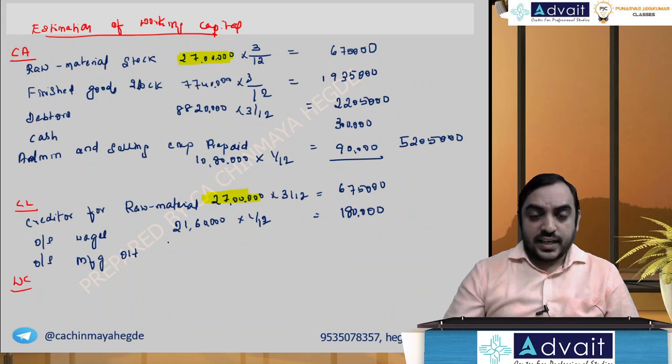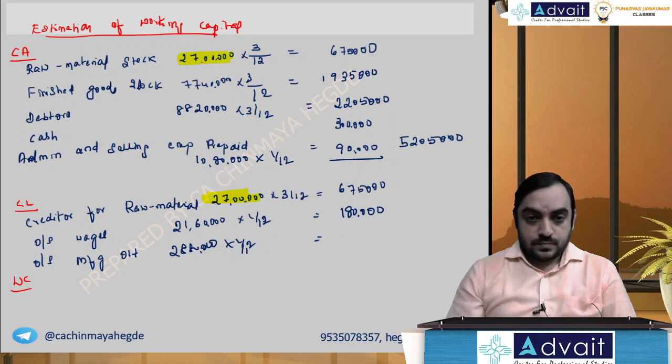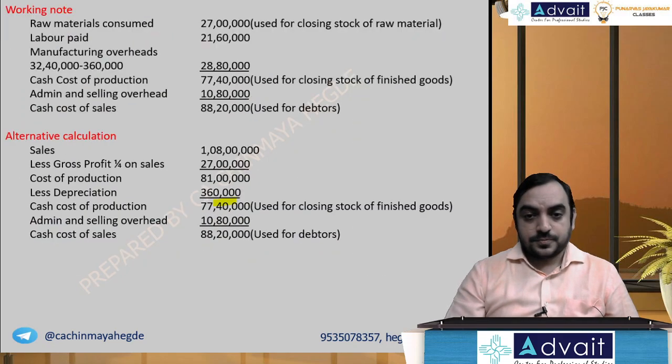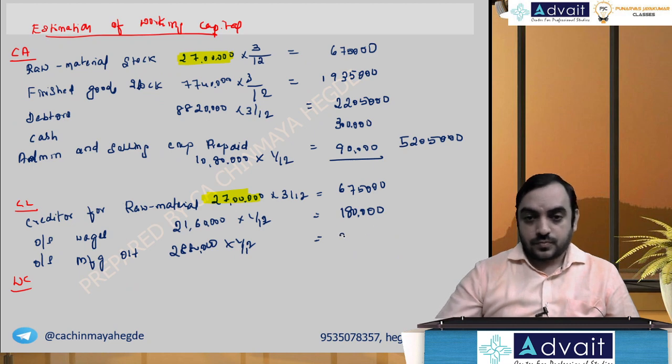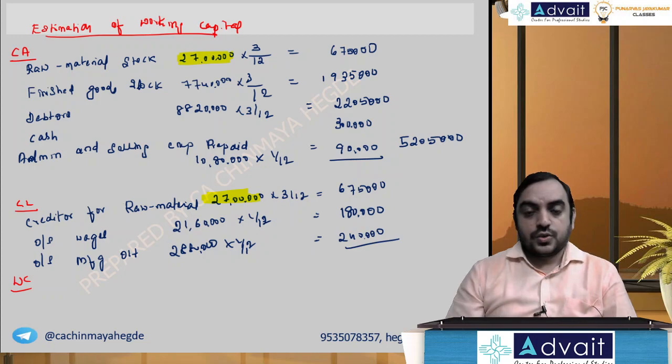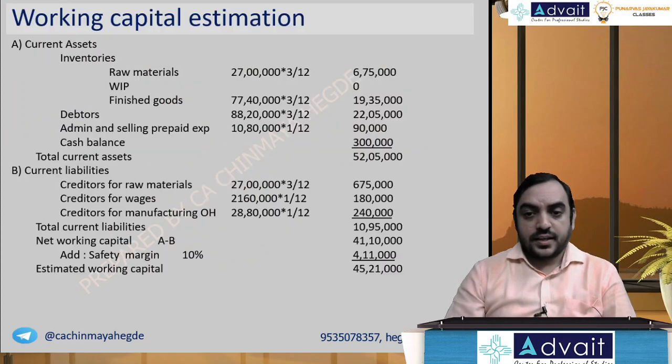So 28 lakh 80,000 into 1 by 12, that is 2 lakh 40,000. So total 10 lakh 95,000.